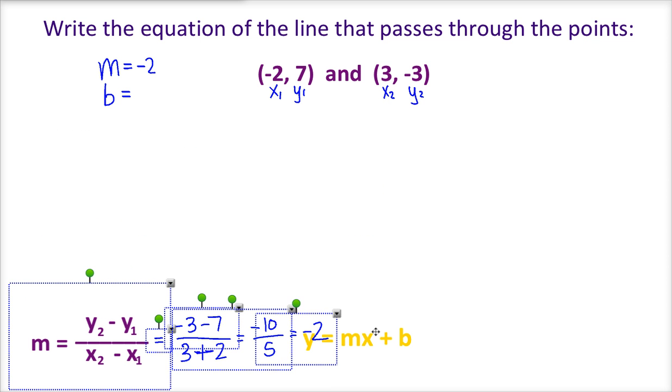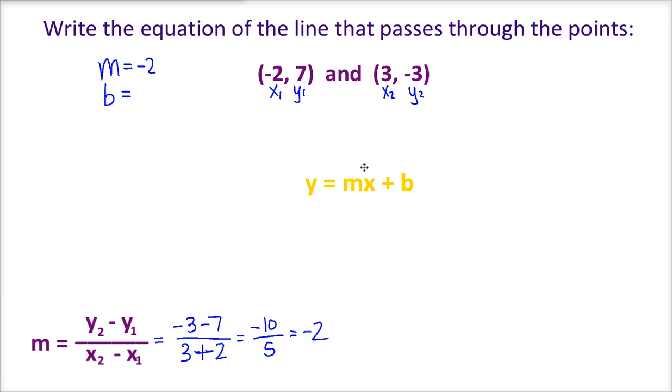Now with this information, I can figure out the y-intercept, which isn't given to me. But remember, I know the slope and I know a point for x and y. So let's choose this point for x and y this time. So in my equation, I know that y is negative 3. I know that m is negative 2.